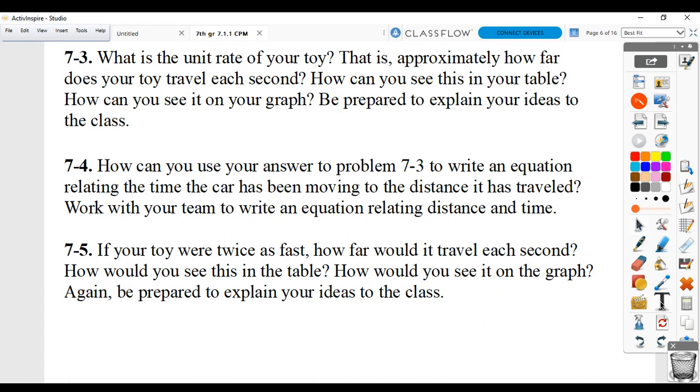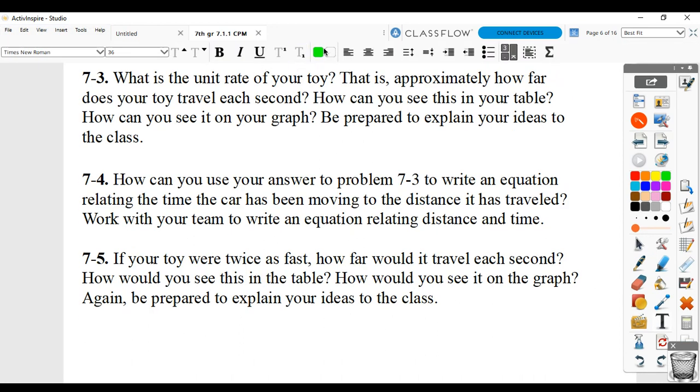All right. So if we knew, for instance, that in this case, the toy car was traveling for 60 seconds and that it traveled 3.5 meters, we should be able to figure out its rate.